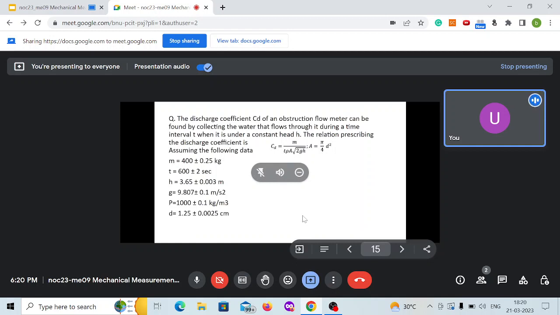Moving on to the next question, we have the discharge coefficient CD of an obstruction flow meter. CD is the discharge coefficient, and an obstruction flow meter can be an orifice or something.